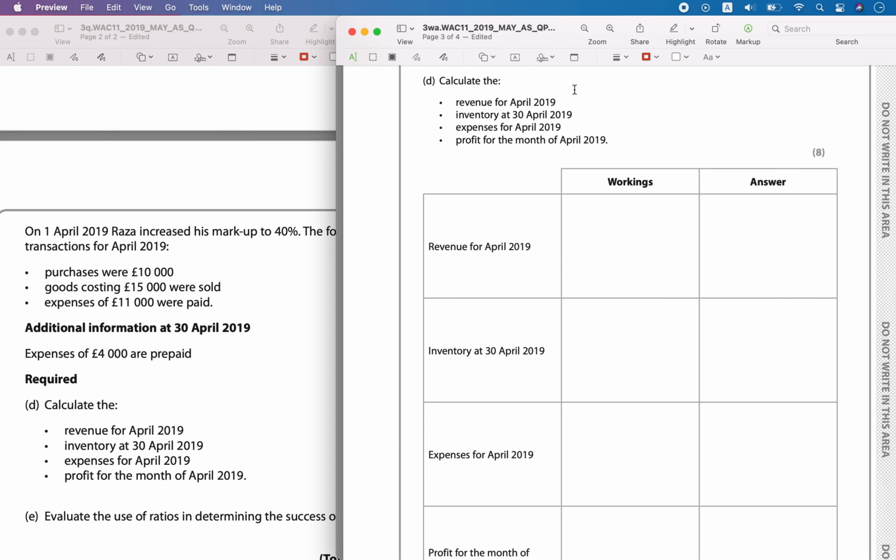So 15,000 worth of goods were sold, and you mark up by 40%, which means 140%. So 15,000 of 140% is 21,000. You will be getting a revenue of 21,000.